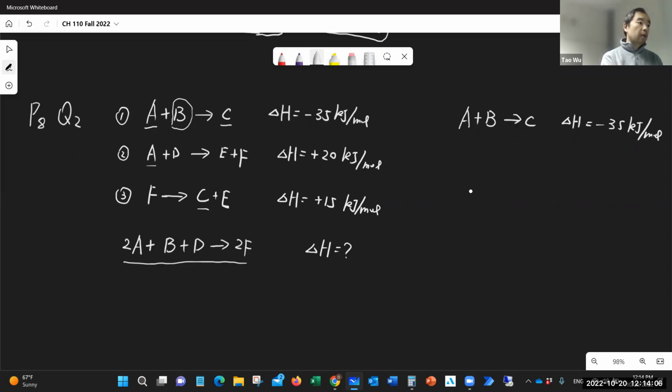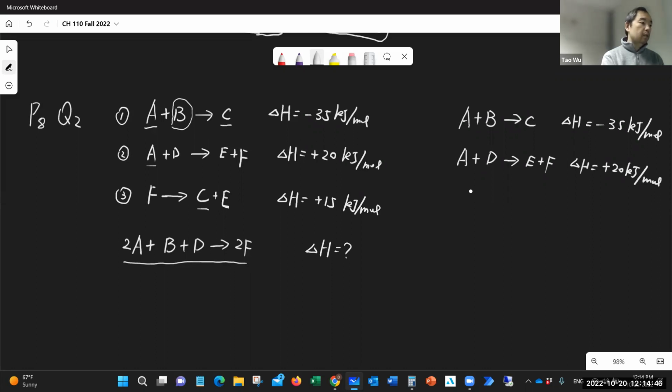So how to modify equation 2 really depends on the unique component D. We have 1D on the left side, which we already have in the final equation. So again, we don't have to modify this equation anymore. We just write it as it is: A plus D to form E plus F, and the delta H for this equation is plus 20 kilojoule per mole.